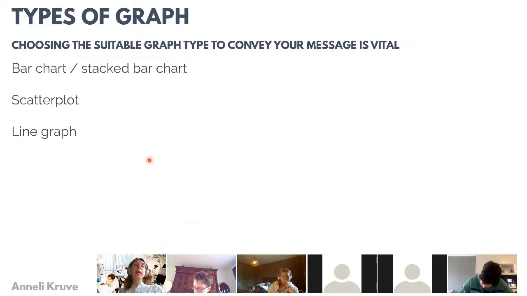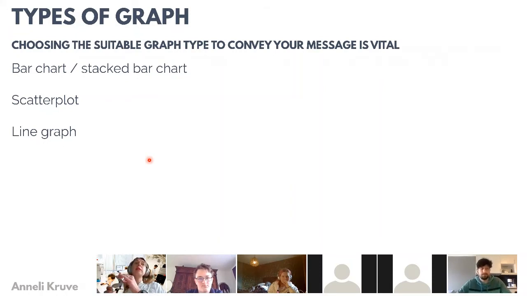So let's view graphs in a bit more detail. The main graph types that we use in analytical chemistry situations. As I told you before, that can be different when you present, for example, for biochemists or electrochemists.